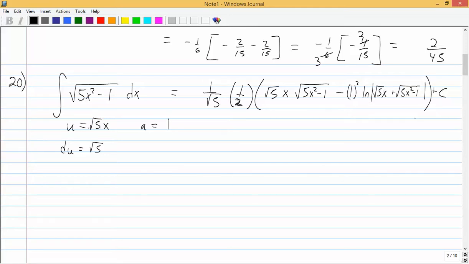So now I can multiply in this to that term and this to that term.